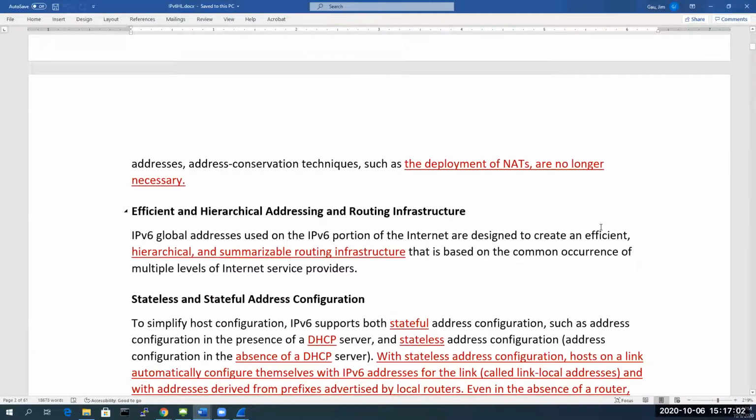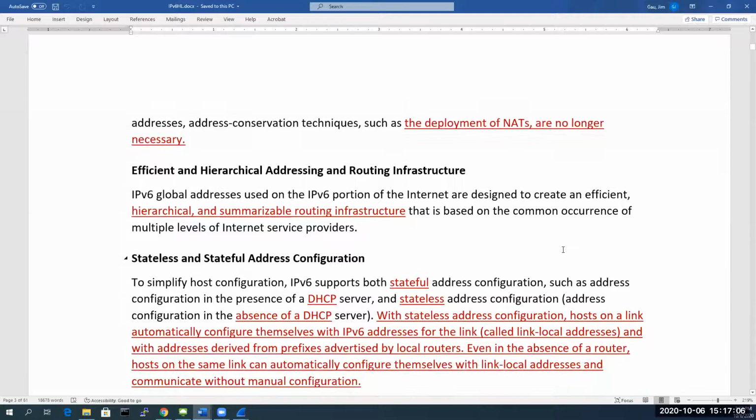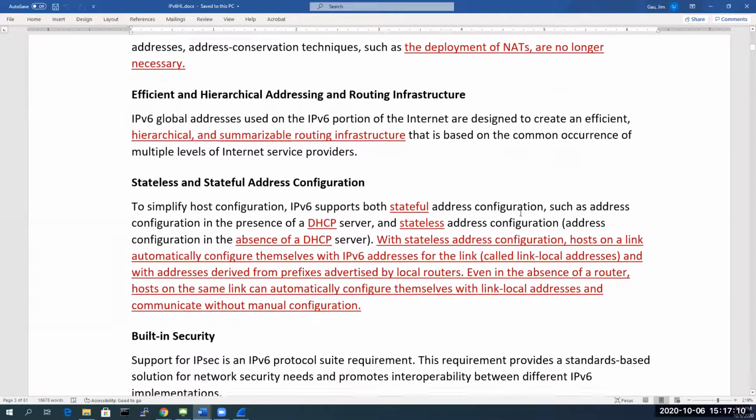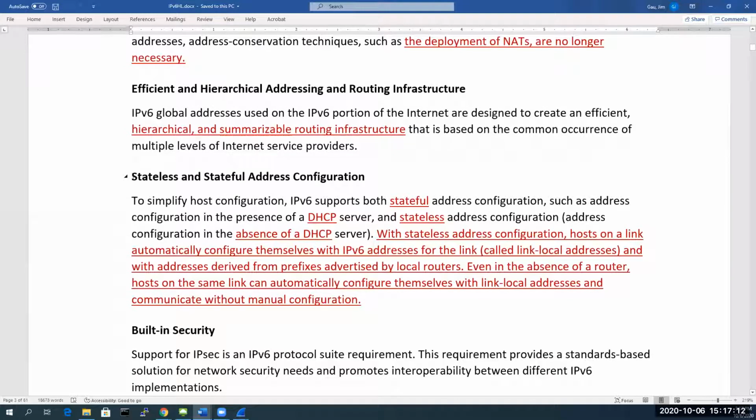Some of those, like NAT, are no longer necessary, not available, so we do not worry about NAT anymore in v6. And you have to understand what is stateless and stateful. Stateless means that you actually get a router advertisement and you get a network prefix from it.